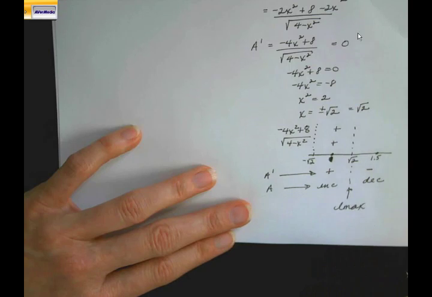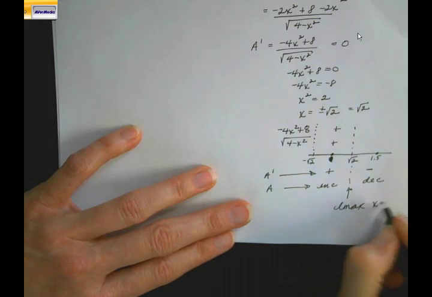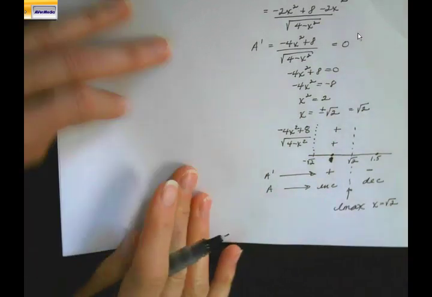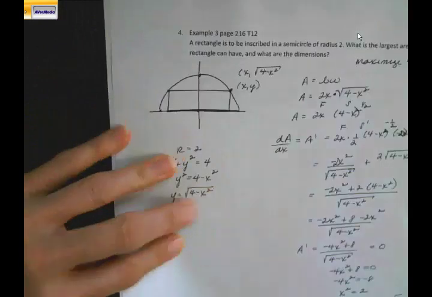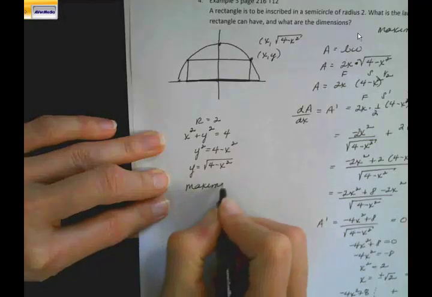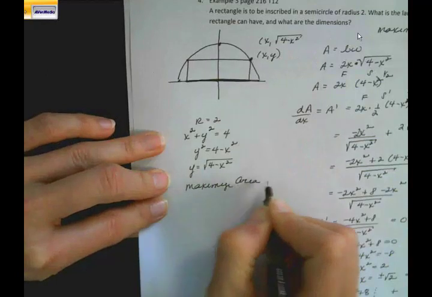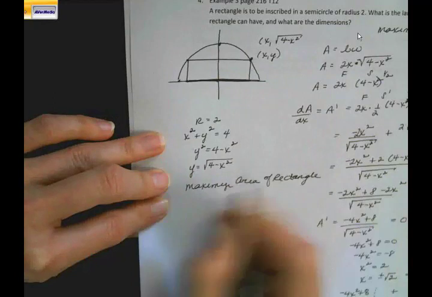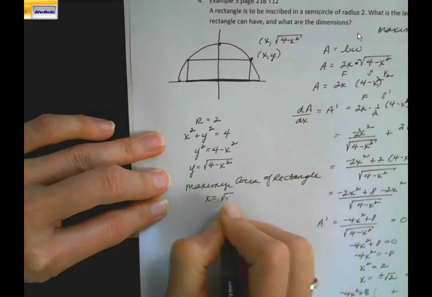And this is an x value. Okay, so now going back up to my image up here, to maximize the area of the rectangle, we need x to equal a positive square root of 2.